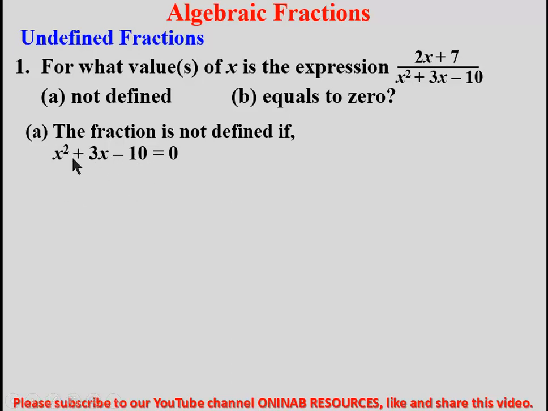To solve this equation by factorization method, we multiply the first term, which is the highest power of x, by the third term, which is always the constant. This equation must be arranged in its standard form, that is x² + 3x - 10 = 0.